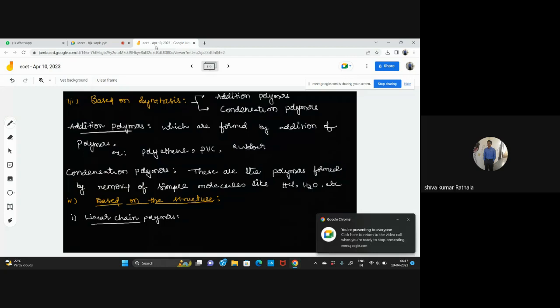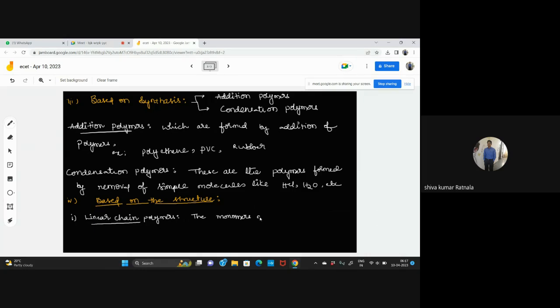Linear chain polymers means simply the monomers are joined together to form linear chains.